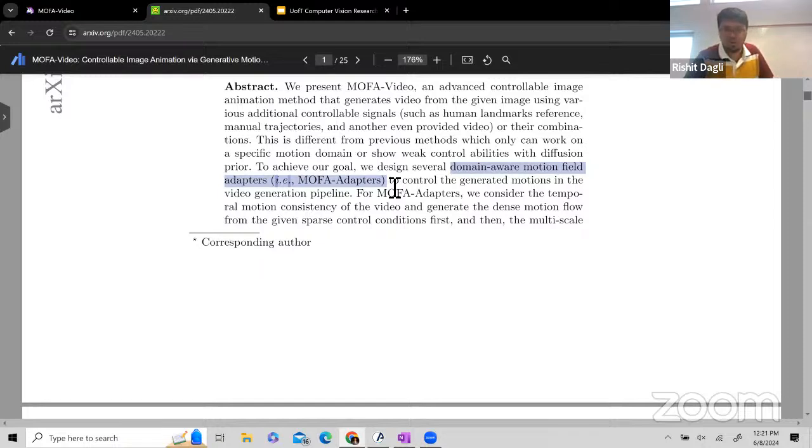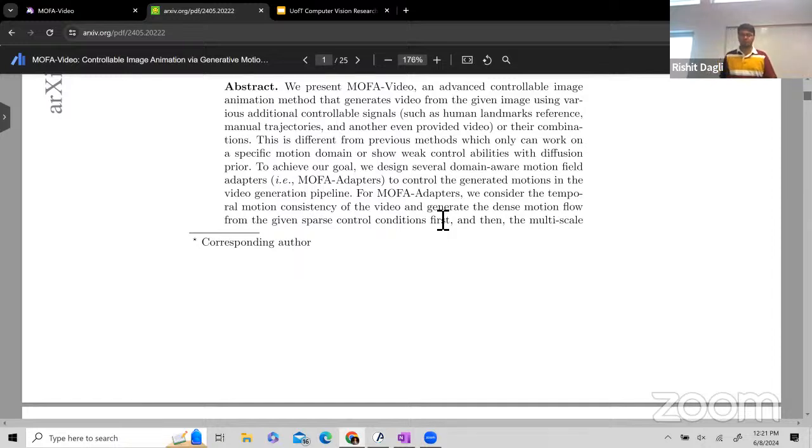Right. So MOFA adapters use the temporal consistency of the video and generate dense motion flow from sparse controlled conditions first. Temporal consistency here means smooth and coherent motion over time in the generated video, and using sparse controlled conditions means that the input has very limited or minimal information about the desired motion.